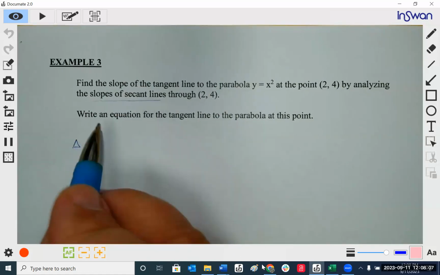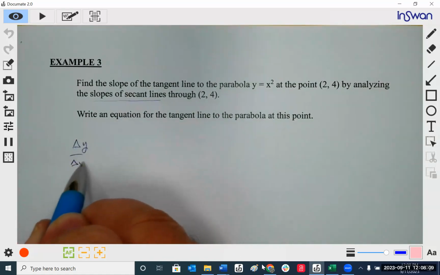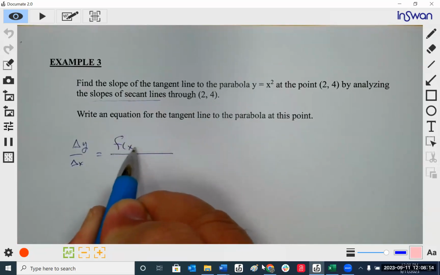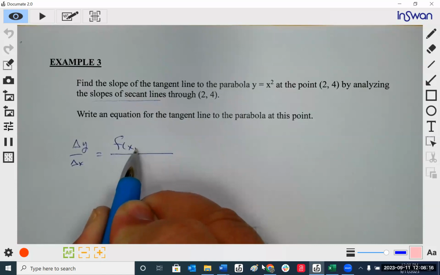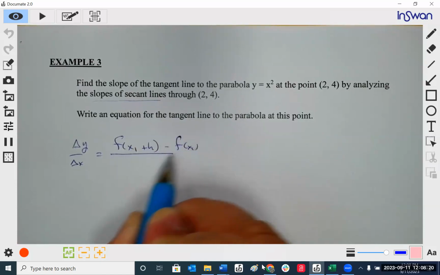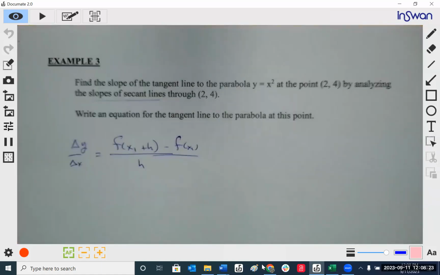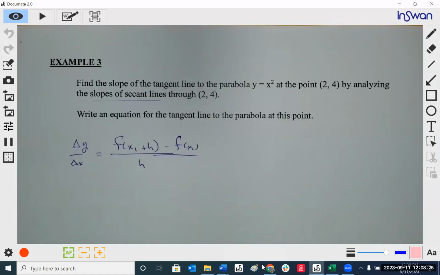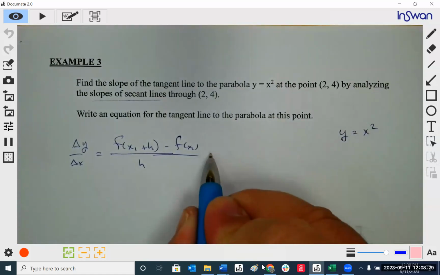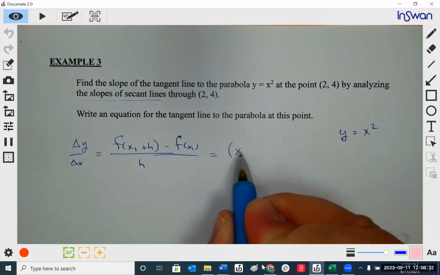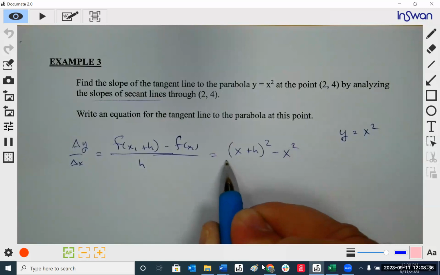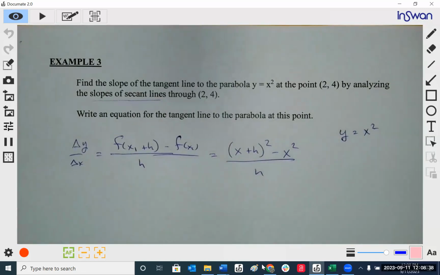Looking at the slope of the secant line, so it's delta y over delta x equals f of x1 plus h minus f of x1 over h. That's what we'll have to look at. And since y is equal to x squared, it's going to be (x plus h) squared minus x squared over h, right?